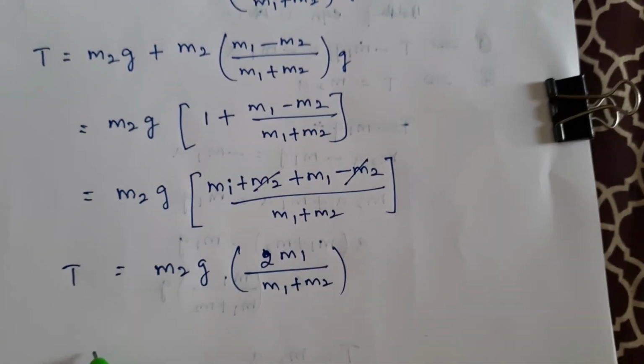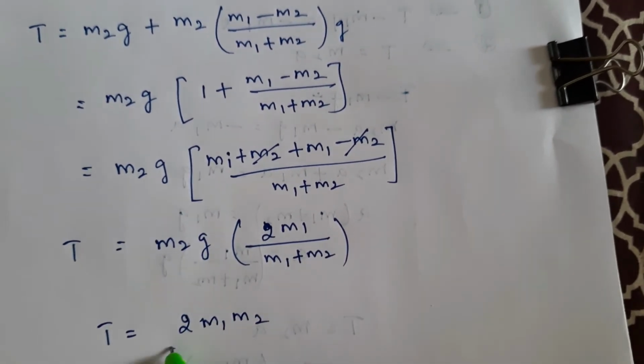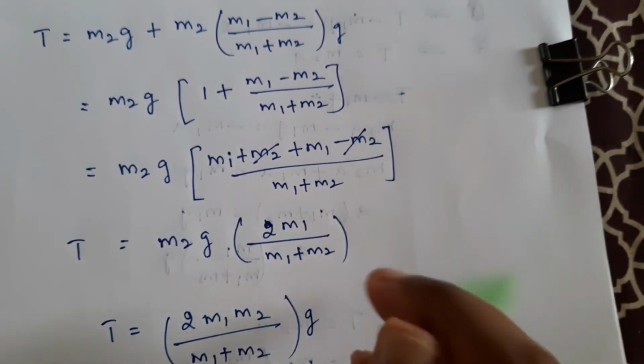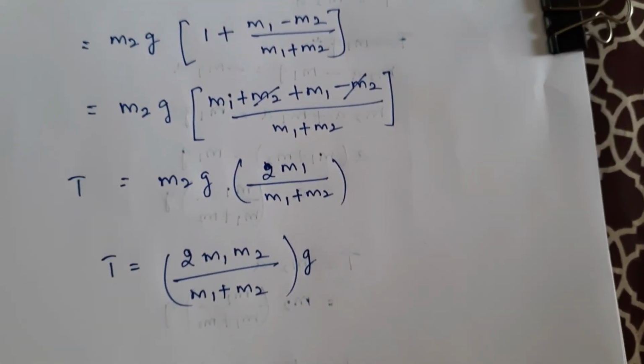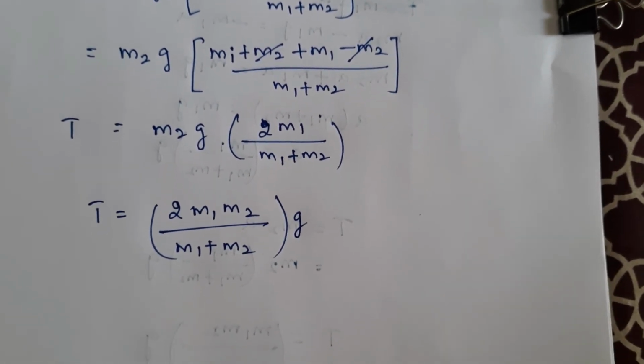So this is the tension. Tension is equal to 2m1m2 by (m1 plus m2) into g. So we got the tension.